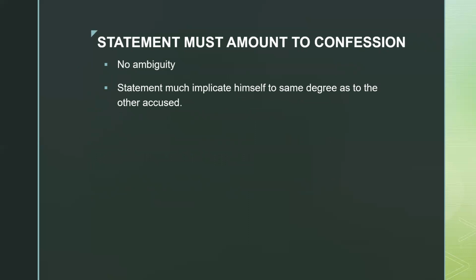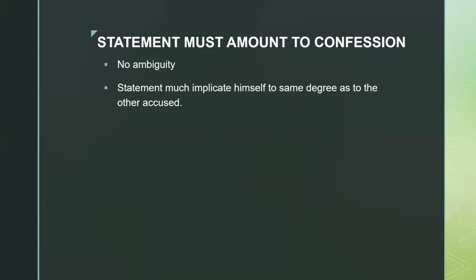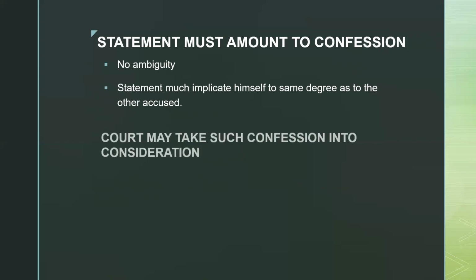If he implicates himself in some petty offense and the other person in some major offense, it cannot be said that it is a valid confession, because the basic rule for this confession of co-accused is that he must implicate himself and the other person to the same degree.